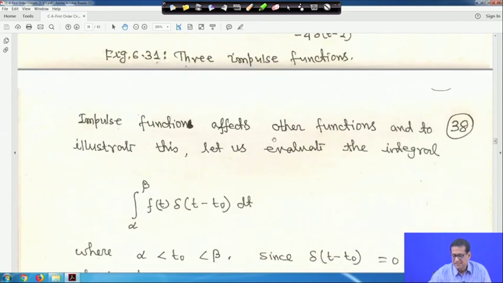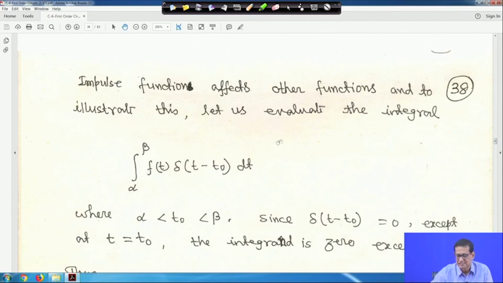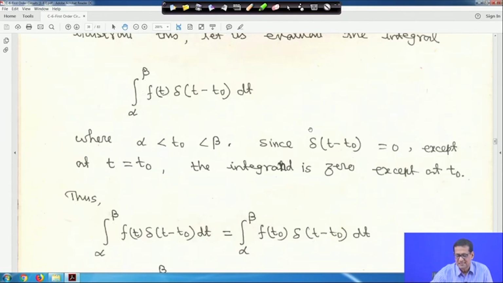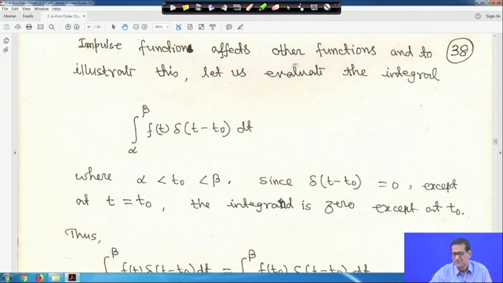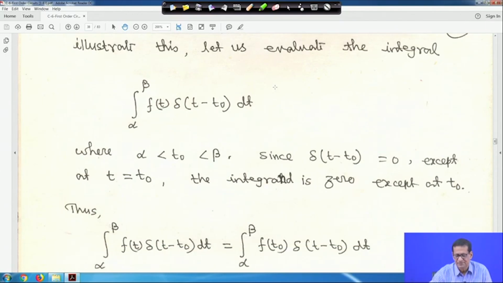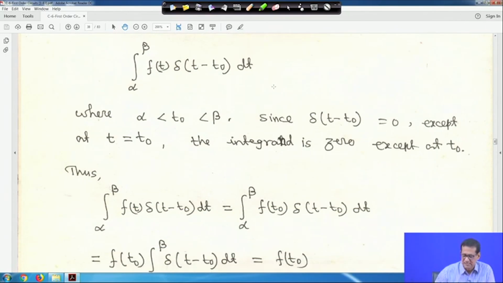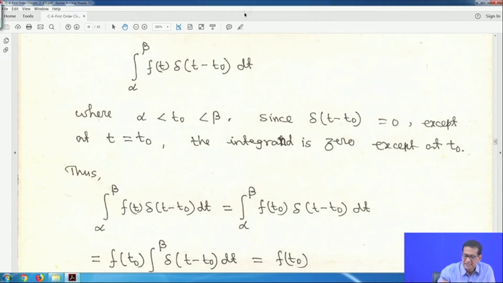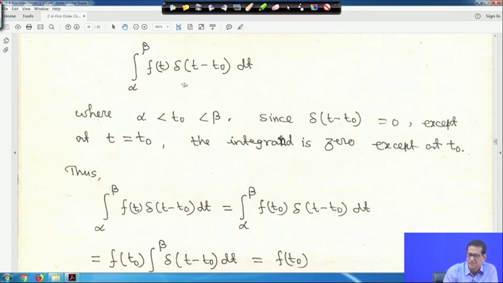Now, an impulse function affects other functions, and to illustrate this, let us evaluate the integral. For example, take the integration from alpha to beta of f t delta t minus t 0 dt, where t 0 lies between alpha and beta.